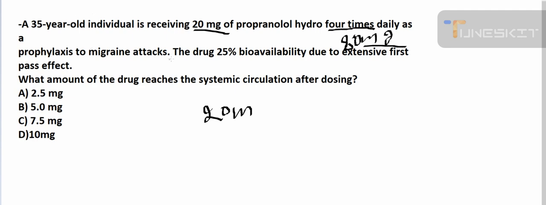Prophylaxis for migraine attack. The drug has 25% bioavailability due to first pass effect. I told you earlier that you have to convert 25% into 25, and for percent you write 100. Very simple.